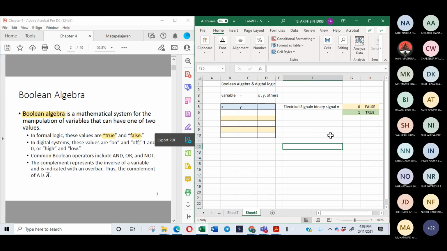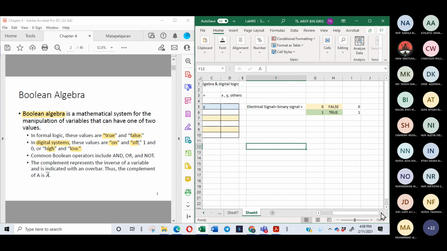Then in digital systems, these values are on and off, high and low. So back to our example, which one is on, 0 or 1? 1 is on.